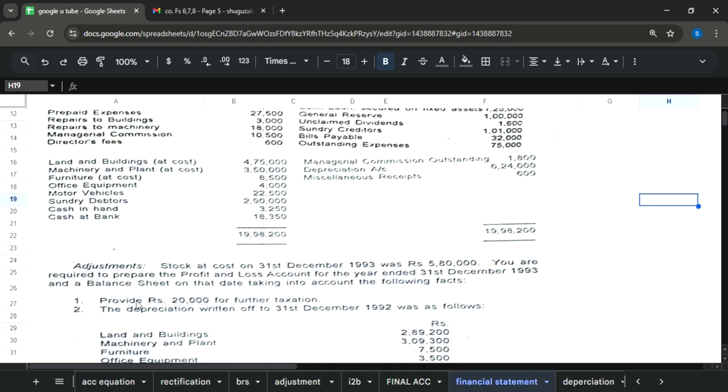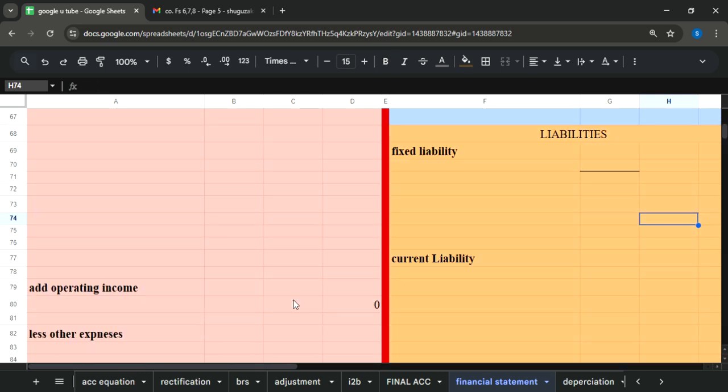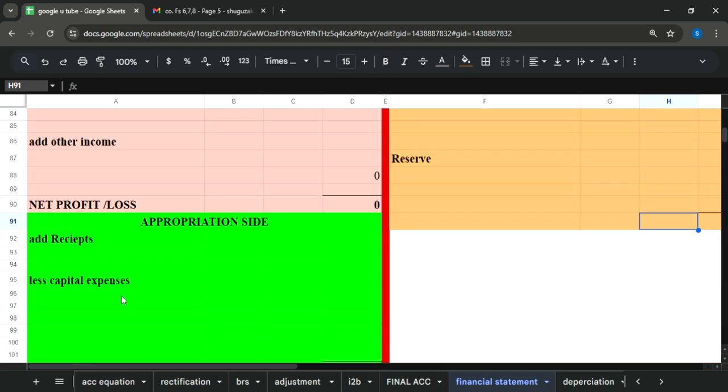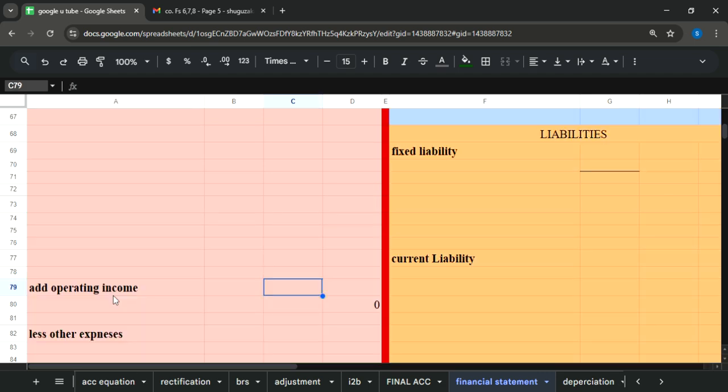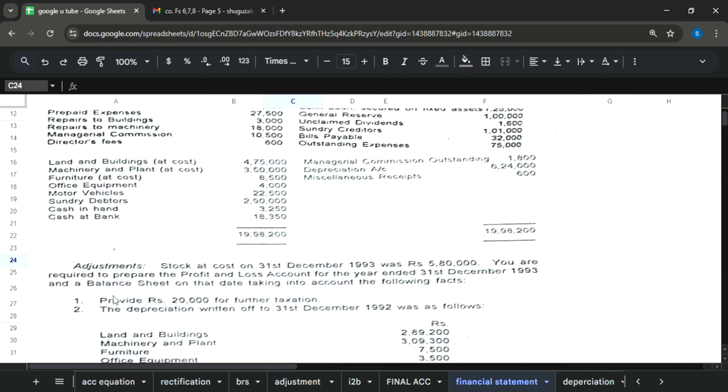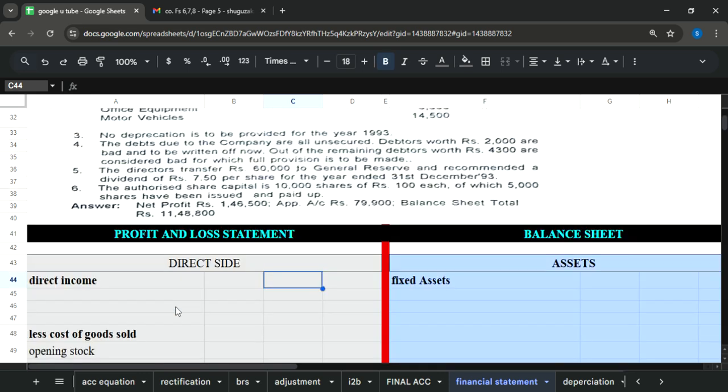Our next adjustment, adjustment number 1, says provide 20,000 for further taxation. Since it's a capital sort of expense, we'll go to the appropriation side, and here in expenses we are going to write taxation reserve as described in the adjustment. The amount of this taxation reserve is 20,000.